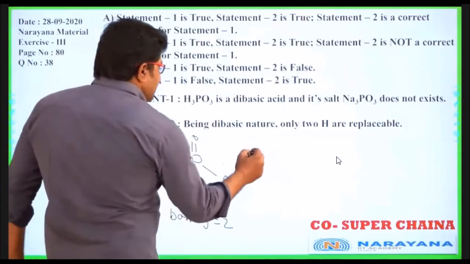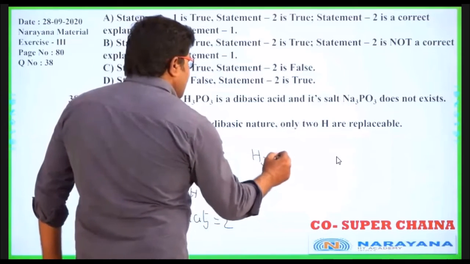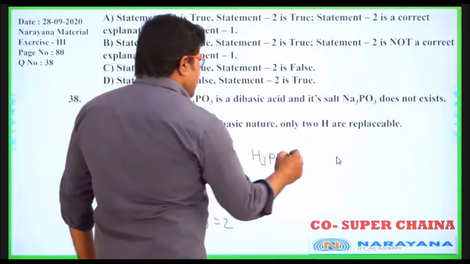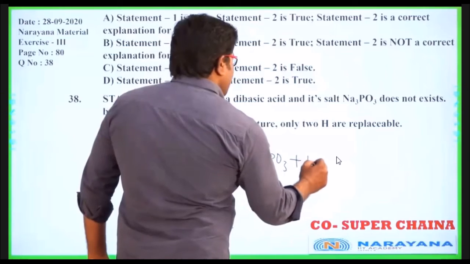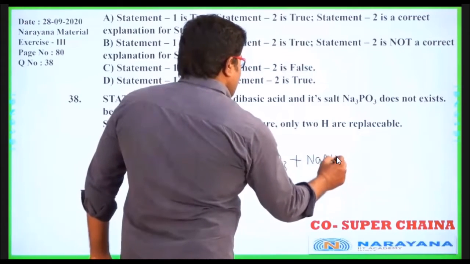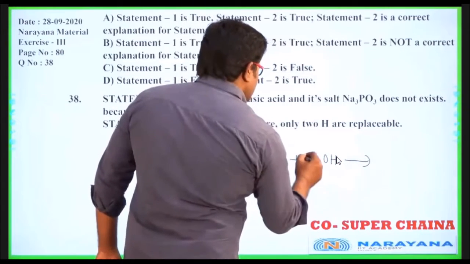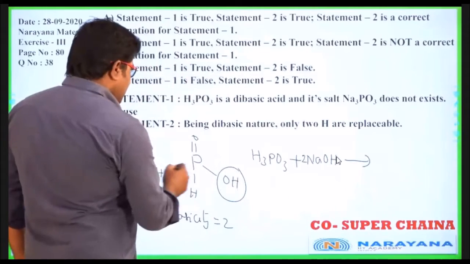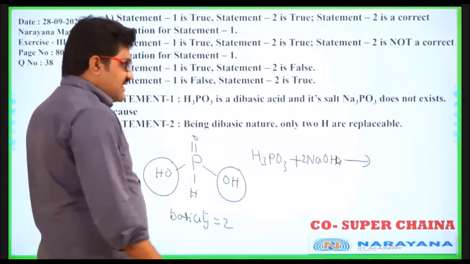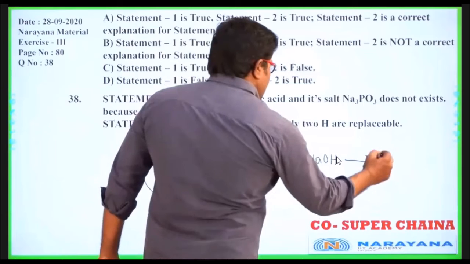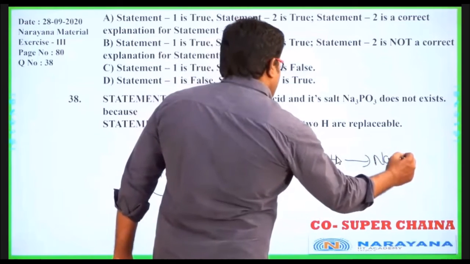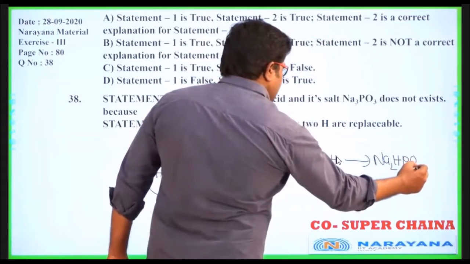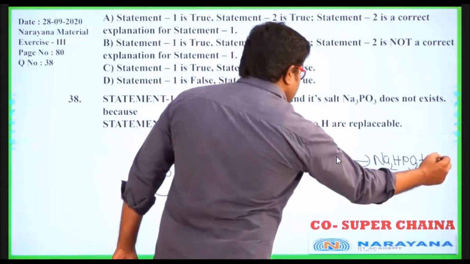Whenever this H3PO3 is treated with NaOH, when 2 moles are used, because basicity is 2, only 2 hydroxyl groups are there here. So it can form Na2HPO3 plus 2 moles of water.